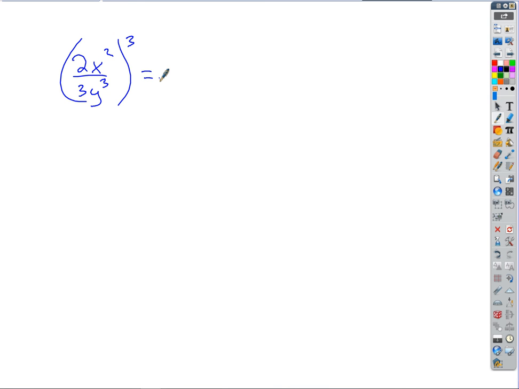Okay, good. So we already know that we can distribute the exponent, since the 2 and the x squared are being multiplied, so I ought to be able to distribute the exponent to both of those. But it turns out I can also distribute to the bottom, right? So the 3 also gets distributed there and there. So we end up with 2 cubed times, what's x squared cubed?